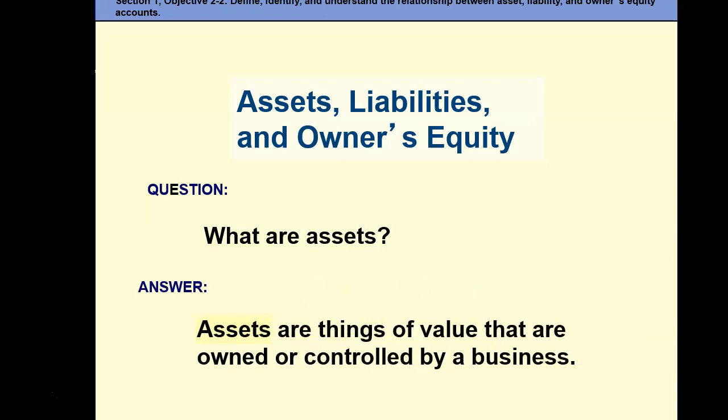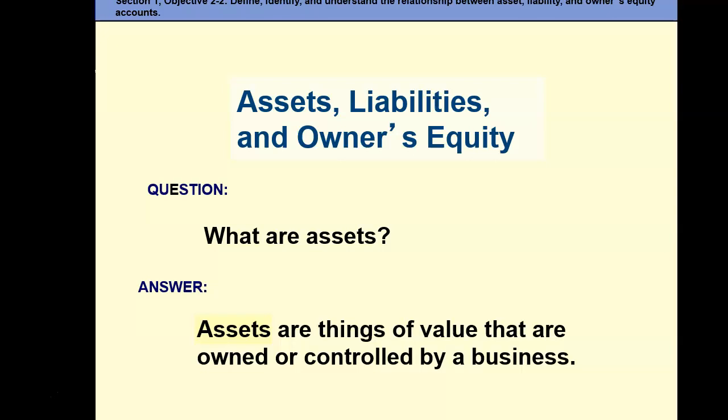Assets are things of value that are owned or controlled by a business organization. Again, assets are things of value that are owned or controlled by a business organization. If you think about your place of employment, the company may own the actual building, computers, automobiles, land, and inventory.